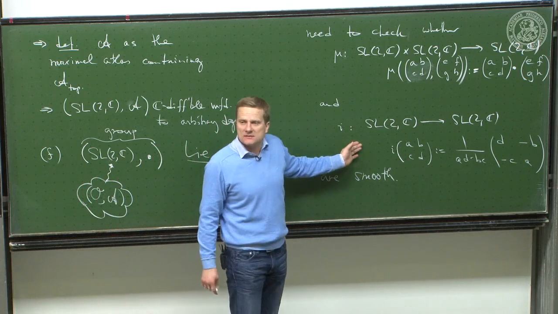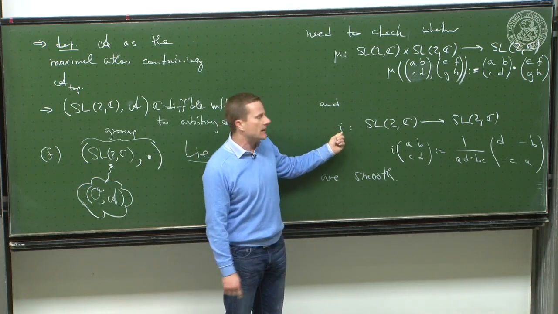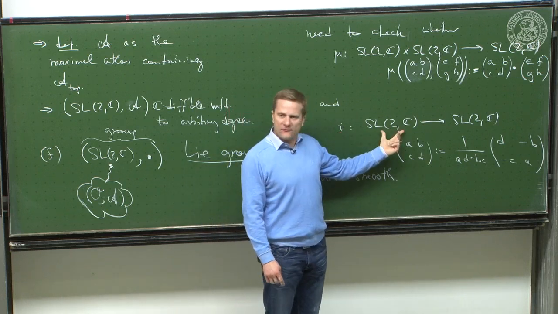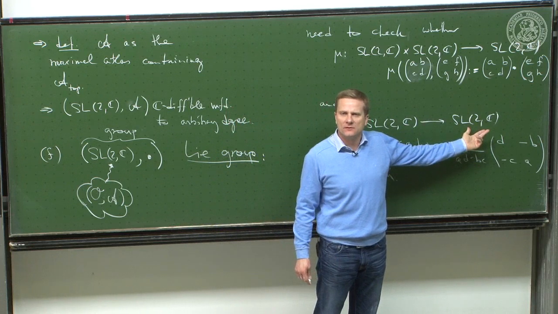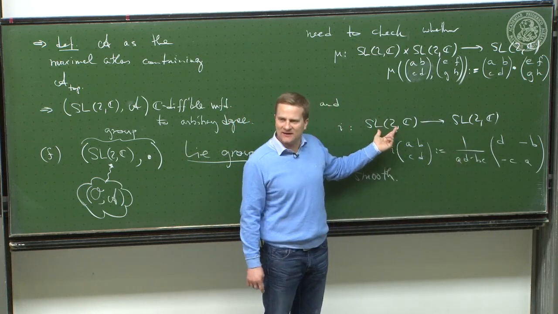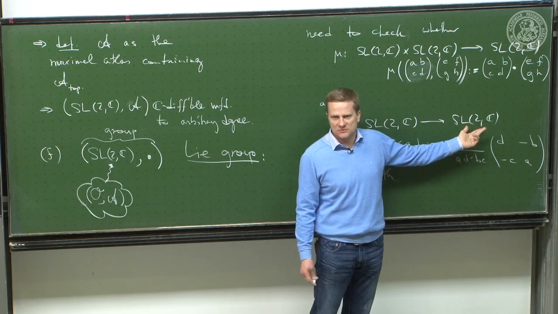We need to check this, but now we can, because look, for instance, at this map I here. It is a map from a smooth manifold into a smooth manifold. Well, we know how to check whether a map from a smooth manifold into a smooth manifold is smooth. And we need to do this.